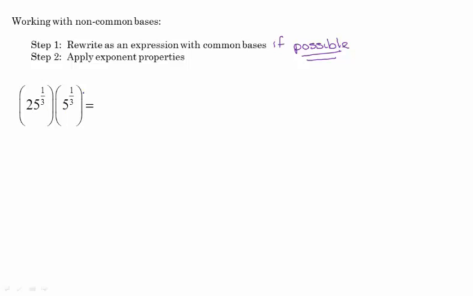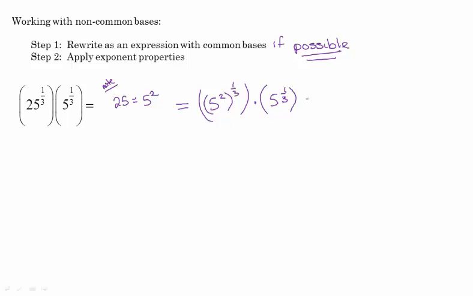25 and 5, these don't match. However, 25 is equal to 5 squared. So 25 is 5 squared to the 1/3, and then we are multiplying that by 5 to the 1/3.